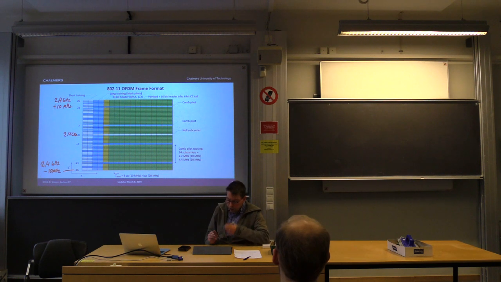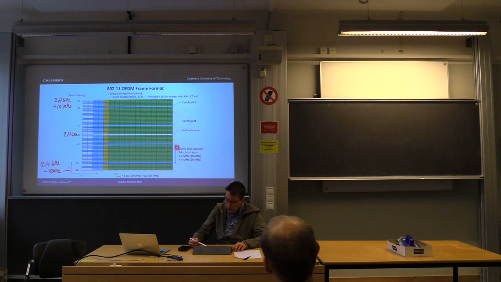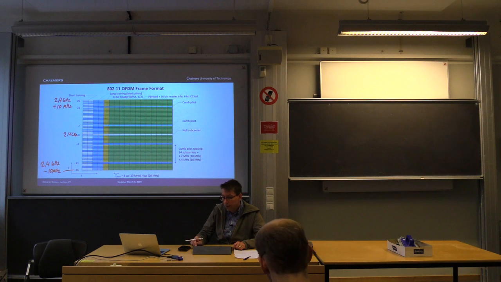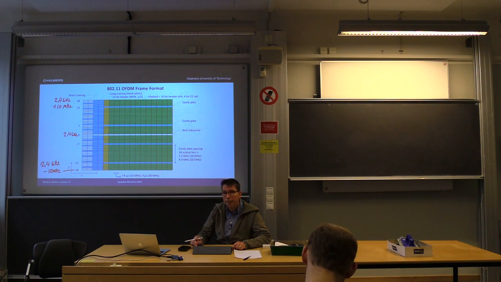Okay, and just to give you a few numbers here, we said we had 20 megahertz channels, so the length of a symbol here is 4 microseconds. The spacing between subcarriers is 20 megahertz divided by 52, so whatever that is. Okay, any questions on this?